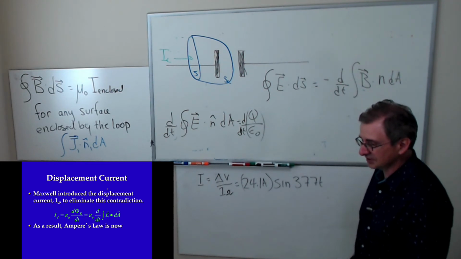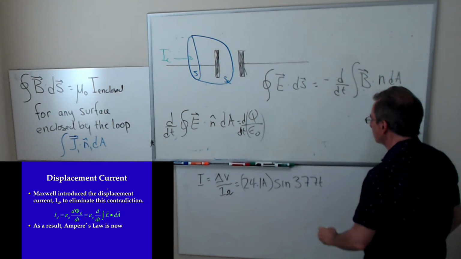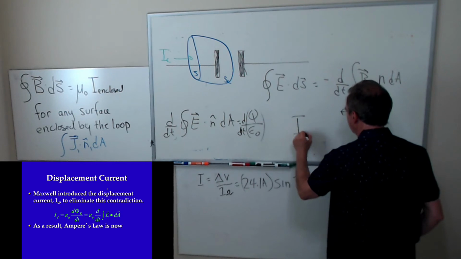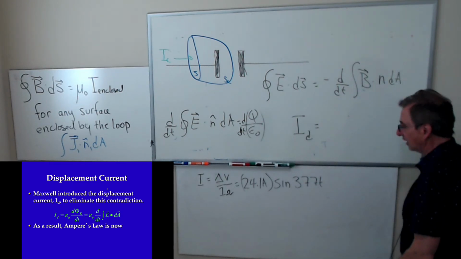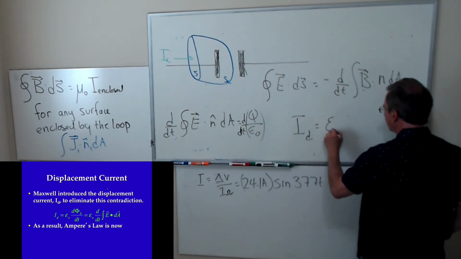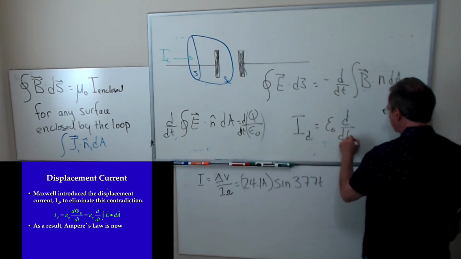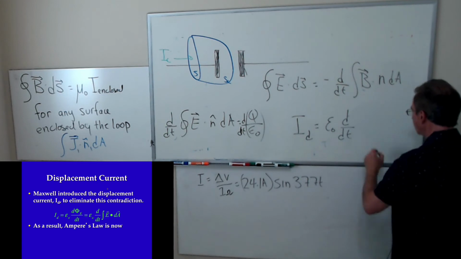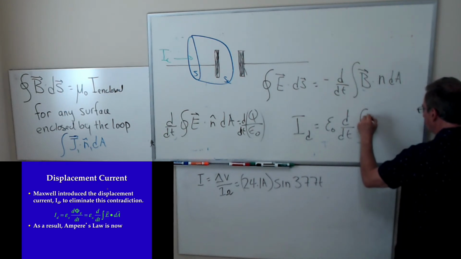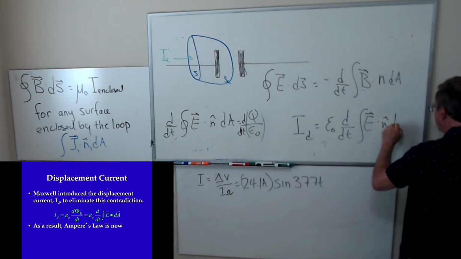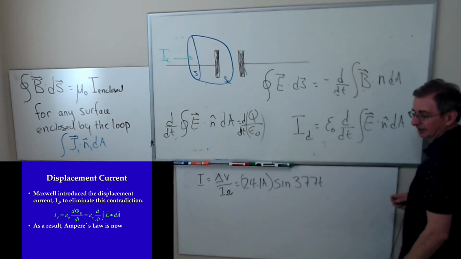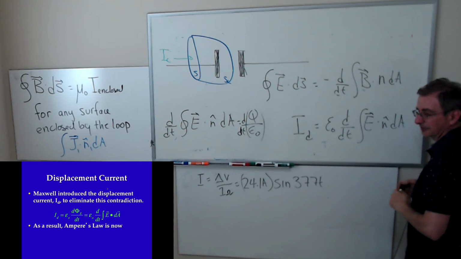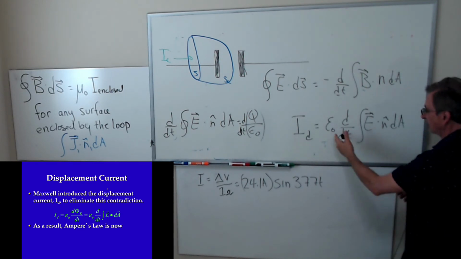And so he introduced this thing called the displacement current, I sub d, and said it was equal to epsilon naught times the time derivative of the electric flux. Look at the parallels between these two, except for the constant.